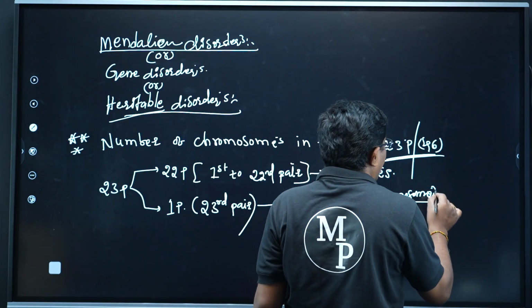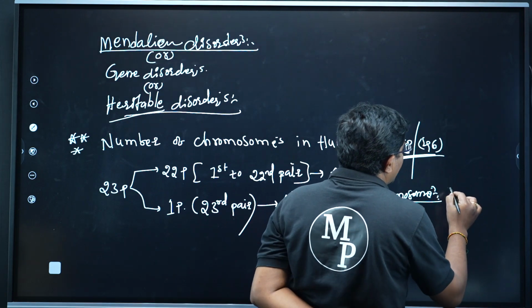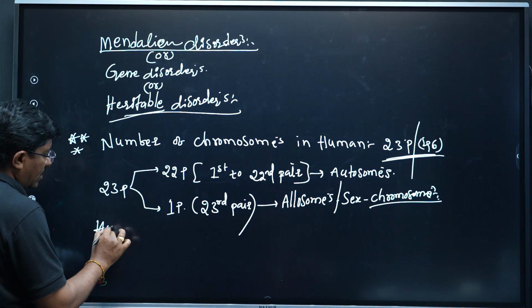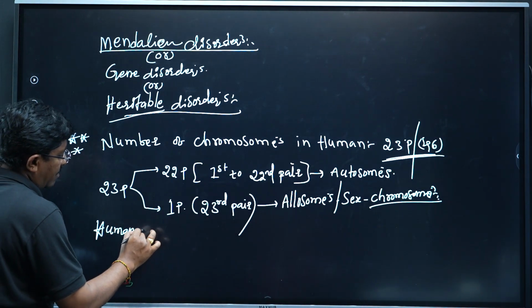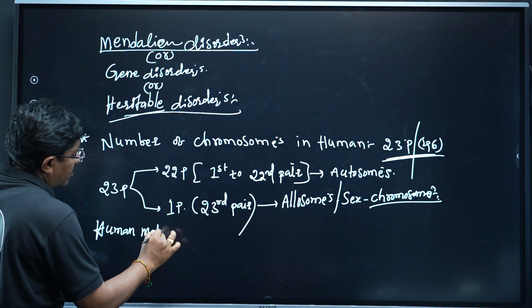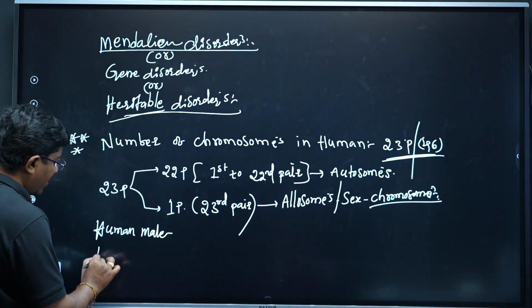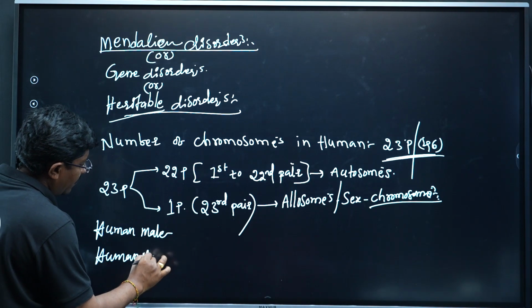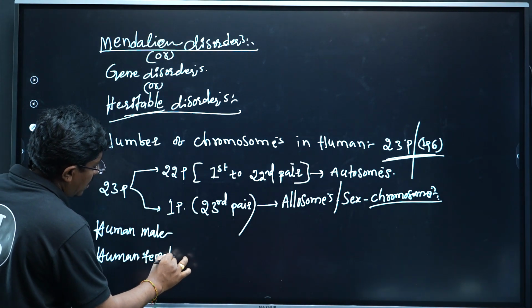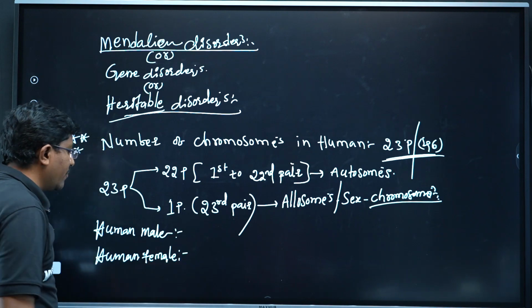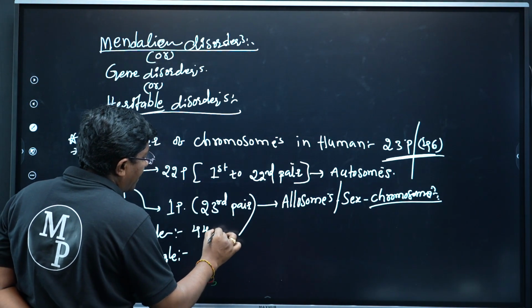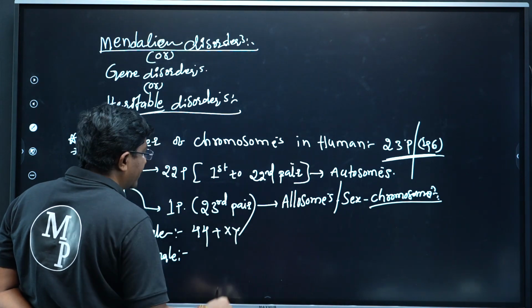See, in a human being, what is the karyotype of a human male, and what is the karyotype of a human female? In human male, 44 plus XY.